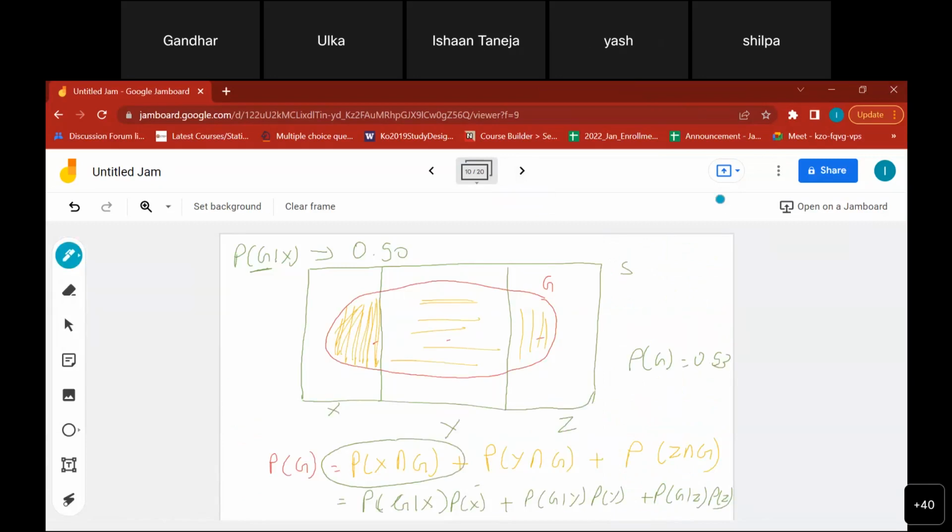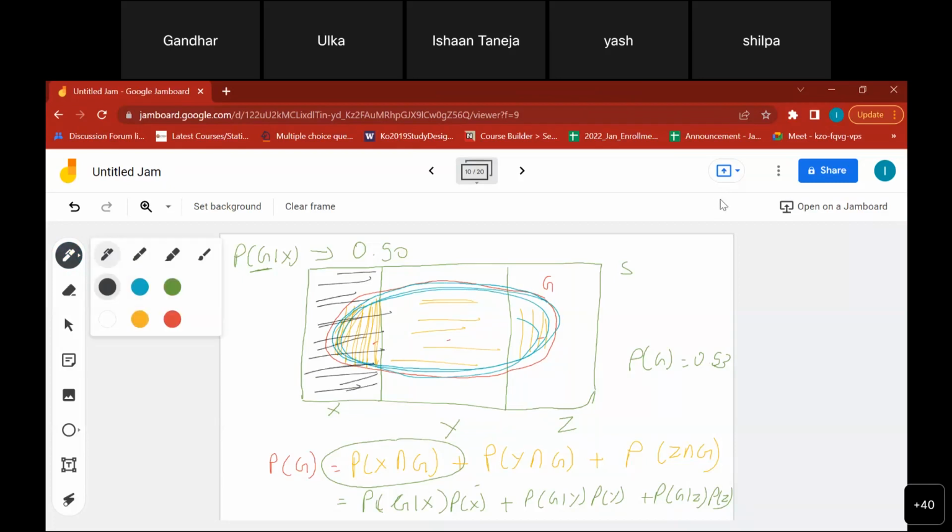And if you visualize this question, it is the Bayes theorem. We know that this event G has occurred. You need to find the probability that it has occurred in this portion of the sample space, right? Given this event has occurred, you have to find the probability it has occurred in this first portion of the sample space.